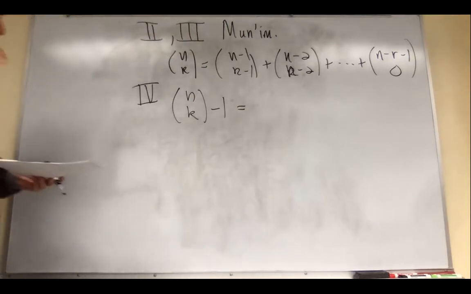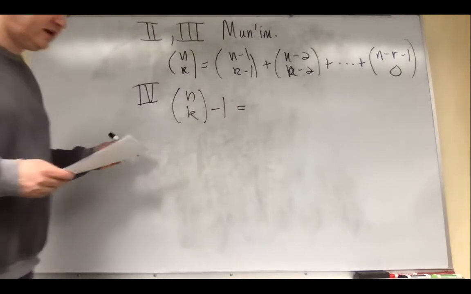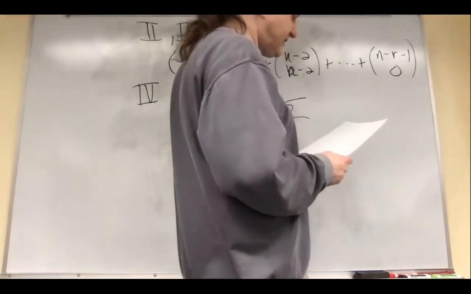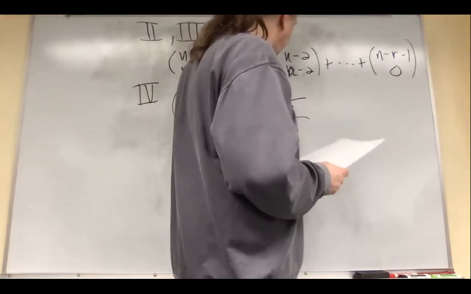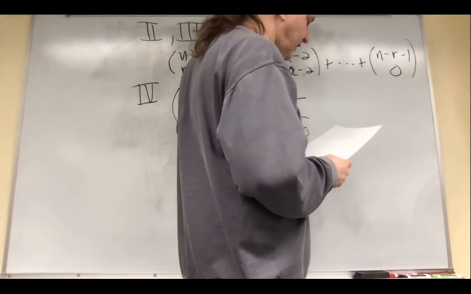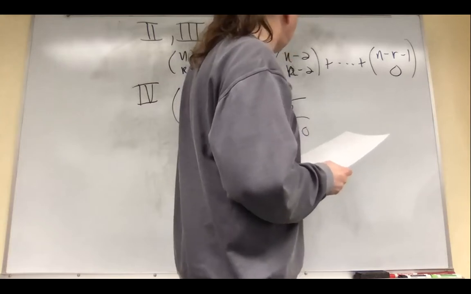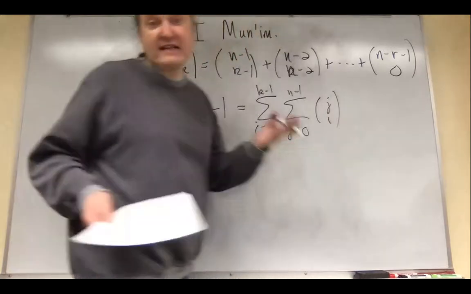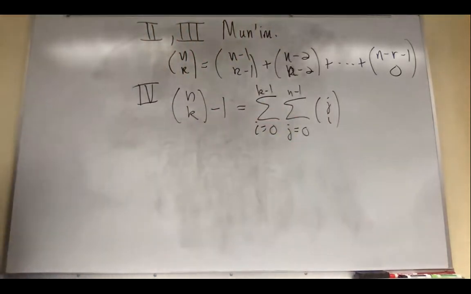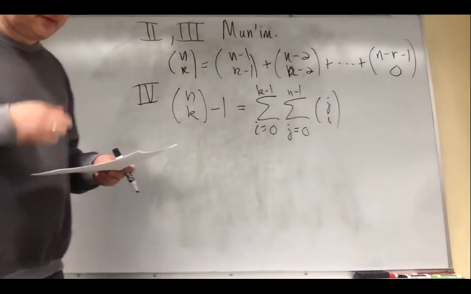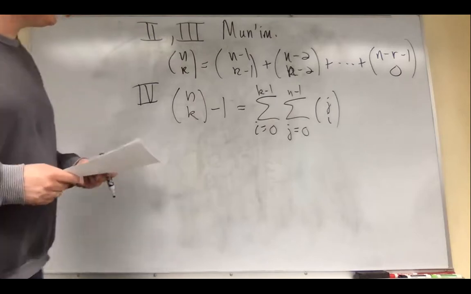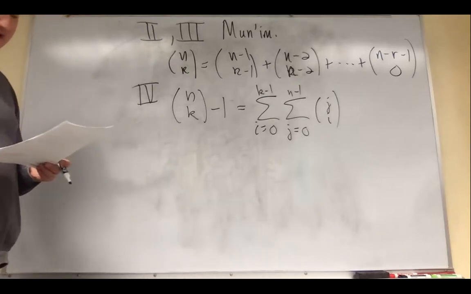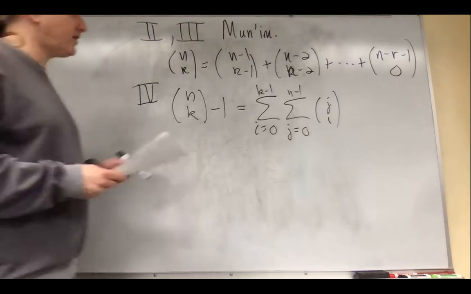So apparently n choose k minus 1 is equal to the double sum, which is the sum of all of the binomial coefficients before that one. That's interesting. I didn't know that one. That one I have not seen before. And that is an interesting consequence. I think I will give Pascal the most credit for that one.